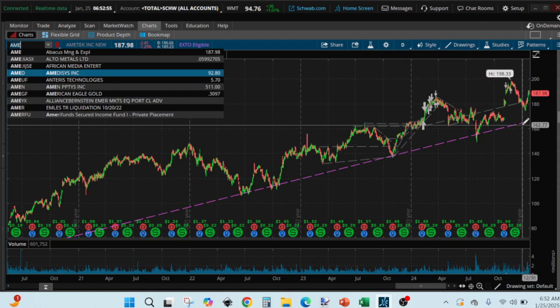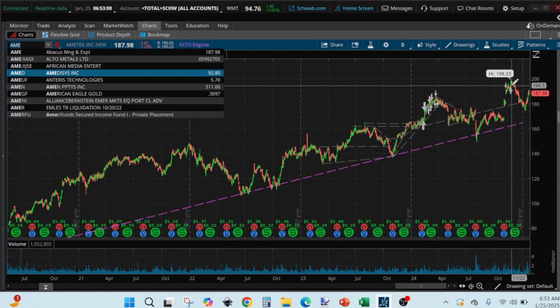So AME, we like to buy at this trend line, but before we bought it somewhere right there, it went up a little bit and it pulled back and then started going up. So it didn't pull back to this trend line here, but it's using this area, a resistance line, as a support to pull itself back.